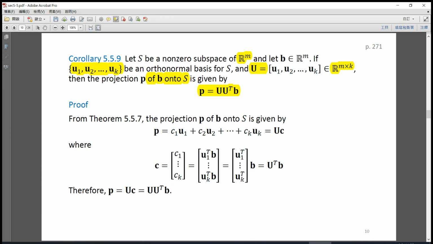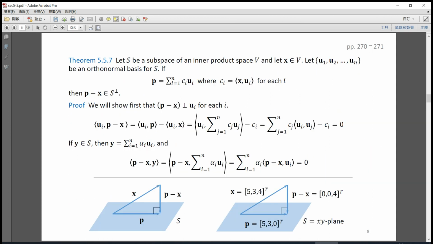We know that Corollary 5.5.9 is a special case of Theorem 5.5.7, because Rm is a special case of the inner product space V. If V is Rm, then the projection vector P can be computed by matrix multiplication.